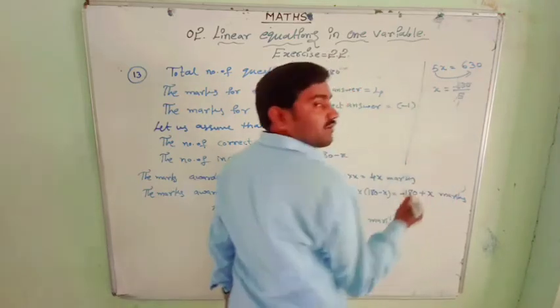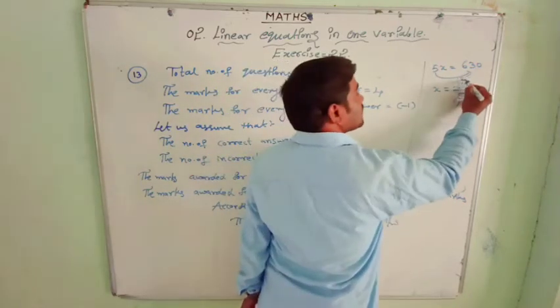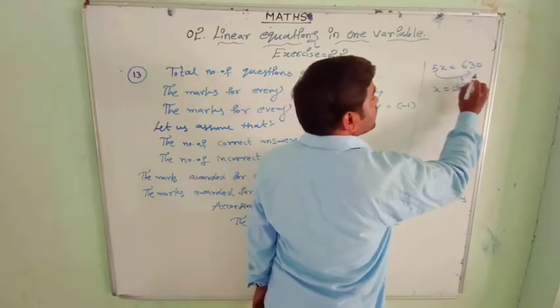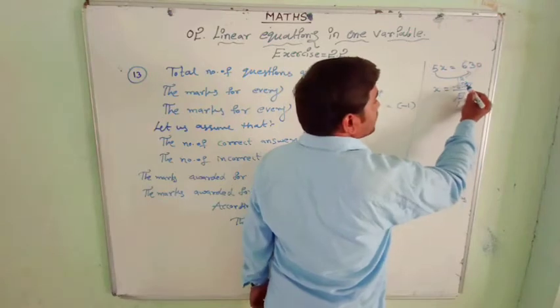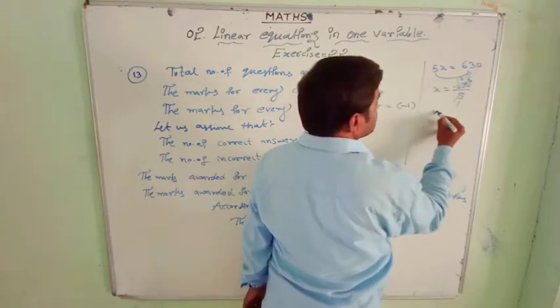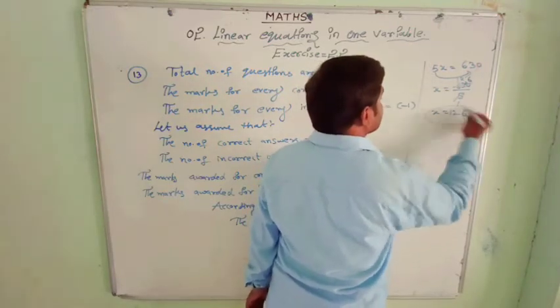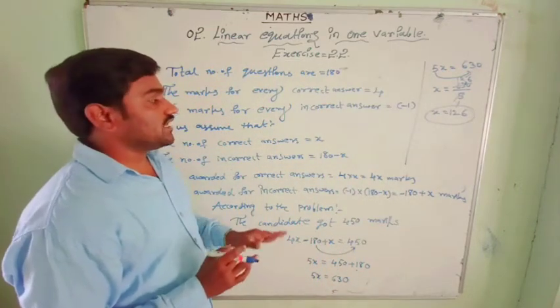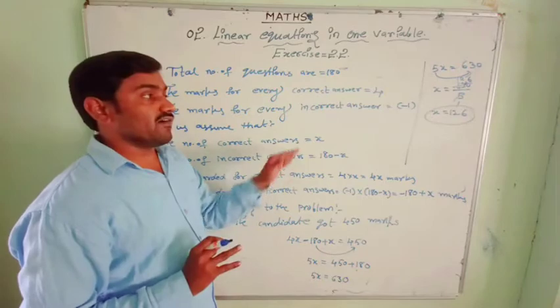That gives x equals 126. That means 126 questions they have written correctly.